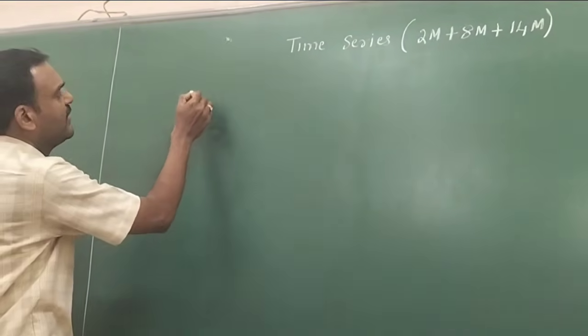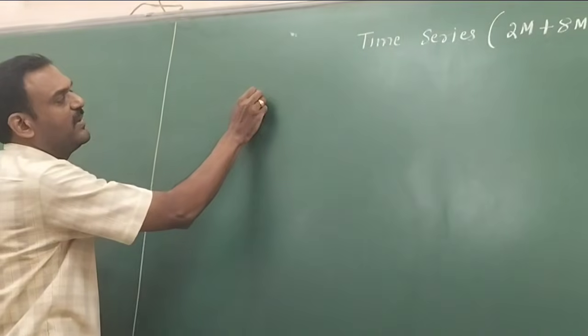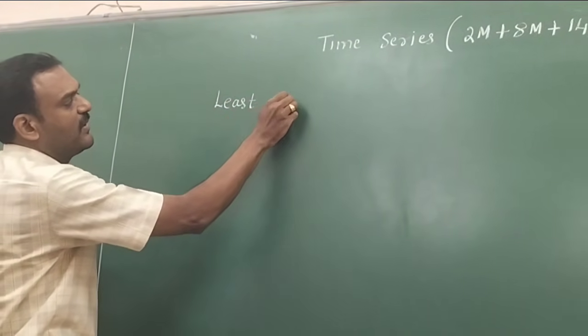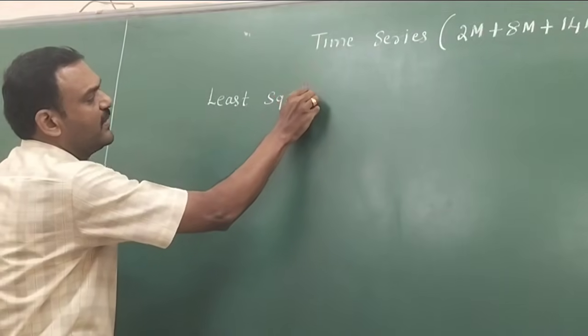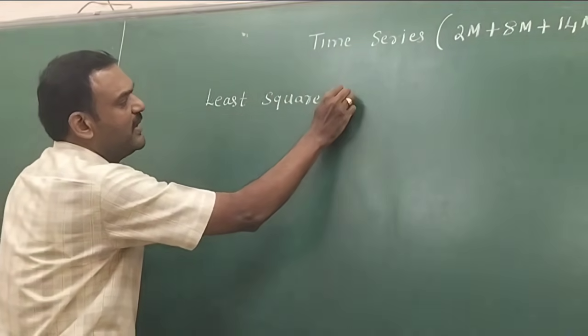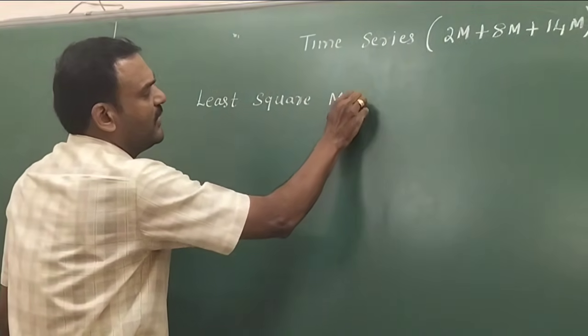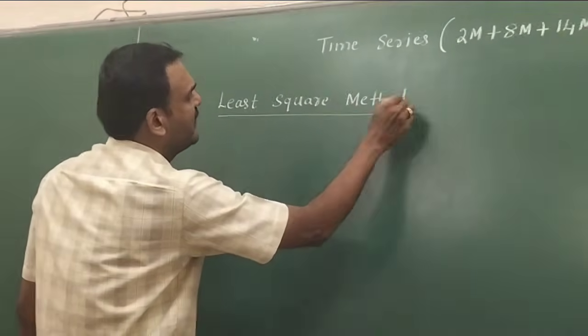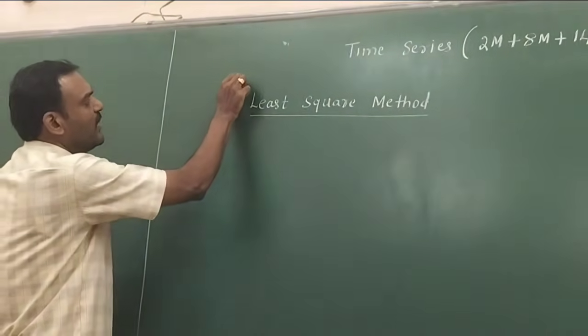14 marks means there is one method called the least squares method, or we also call this the method of least squares, to fit a straight line trend. This carries 14 marks.